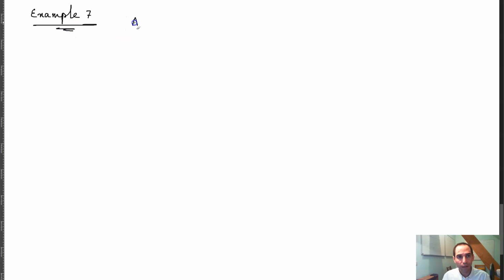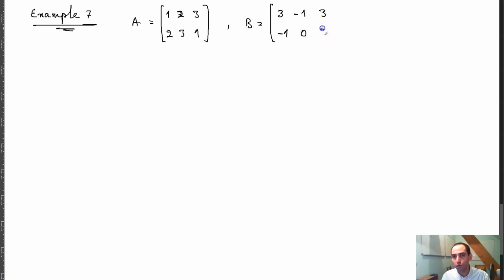Let's say that you have A equal to this matrix, 1, 2, 3, 2, 3, 1, and B is another matrix of the same order, 3, negative 1, 3, negative 1, 0, 2, right?